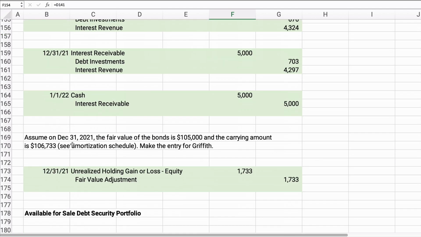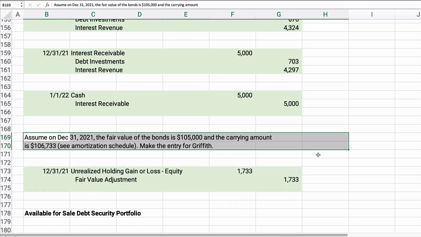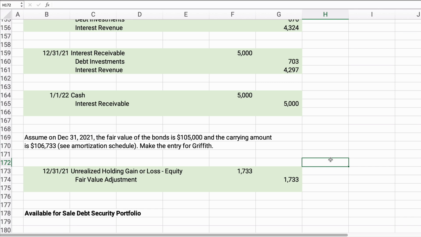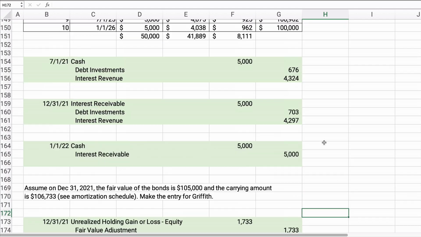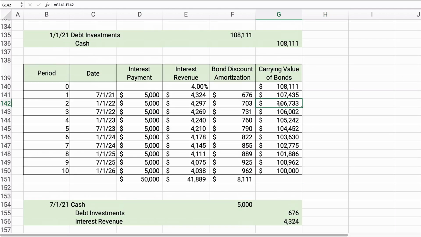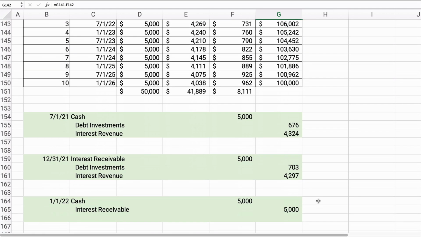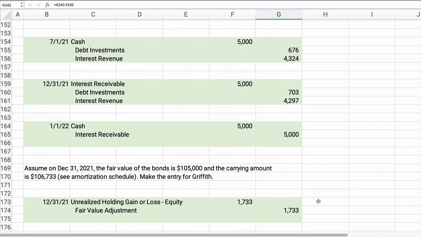So let's do this. Assume on December 31st, the fair value of the bonds is $105,000, and the carrying amount is $106,733. Now we already know it's $106,733. But because this is available for sale, this is the fair value.